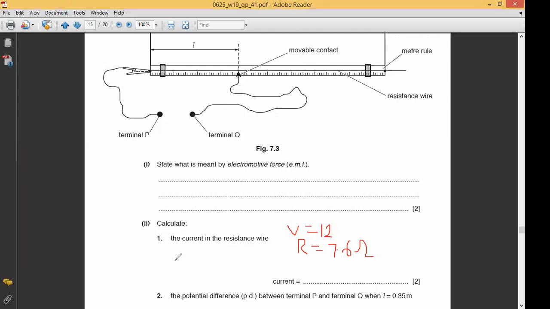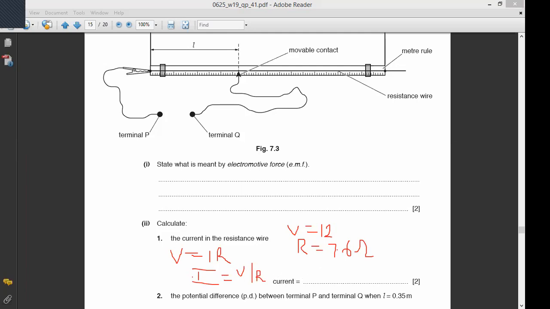You remember using this formula, V equals IR. So I equals what? V over R. So what is the current? Tell me the current.